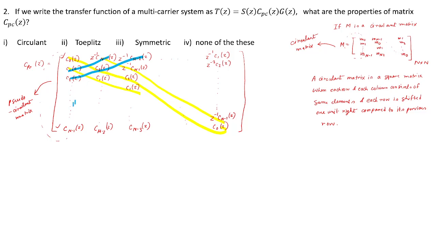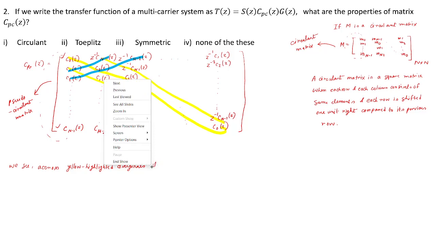So across this diagonal, let me write it down. We see across yellow highlighted diagonals, all elements are the same.